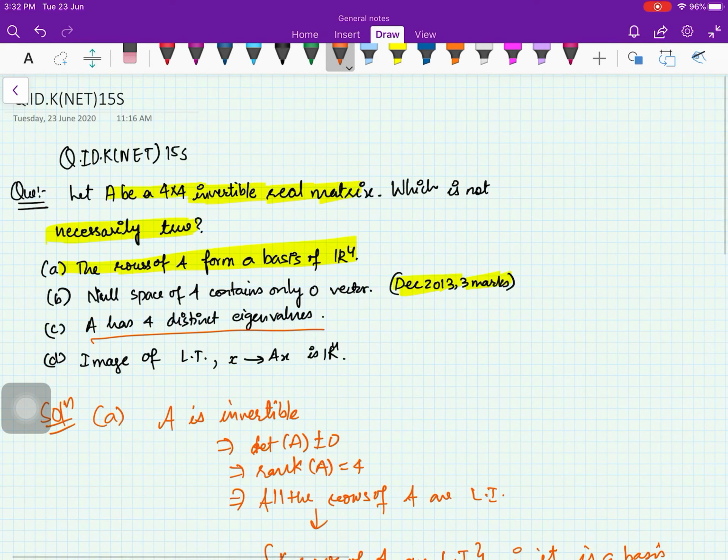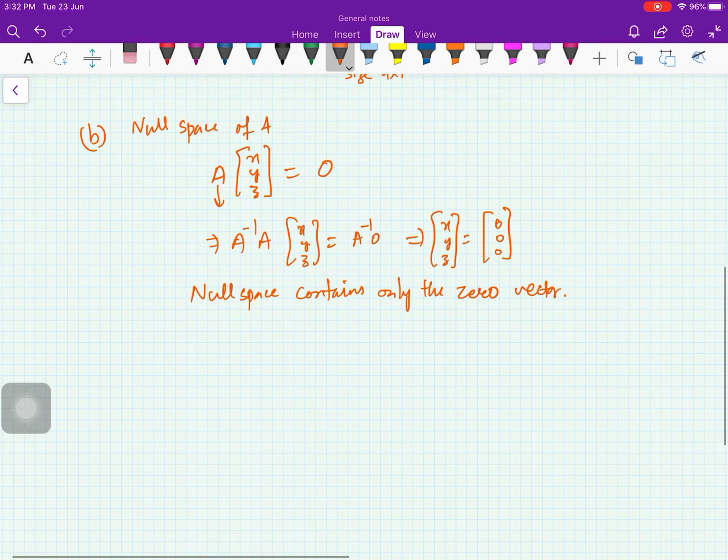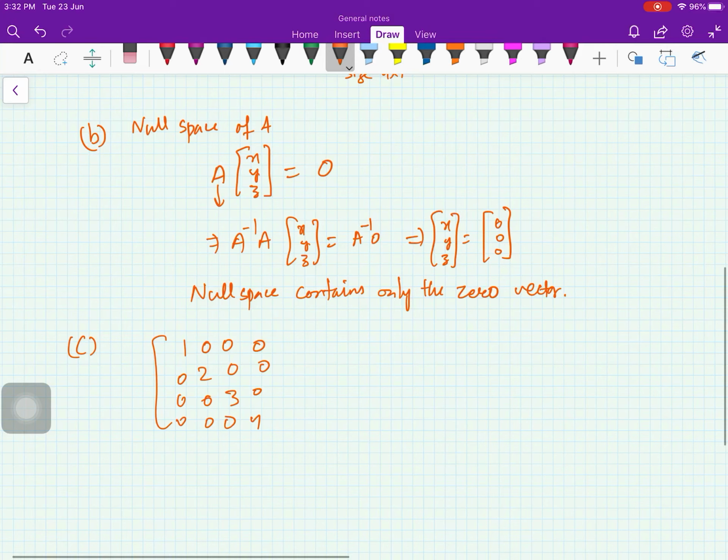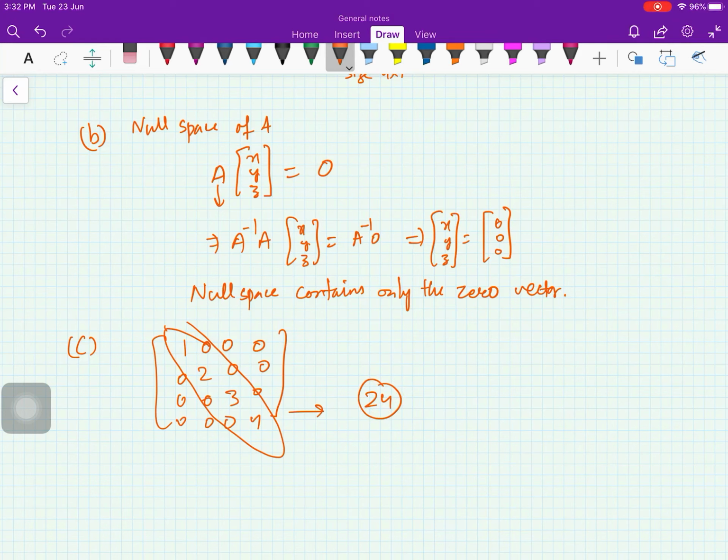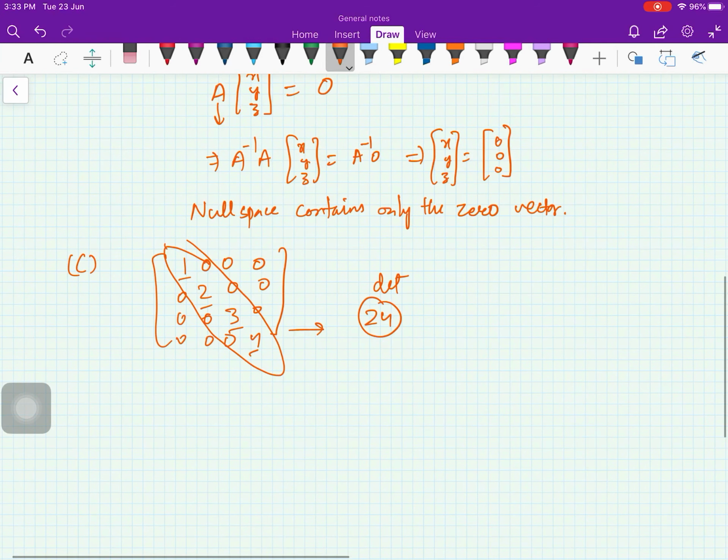Third, A has 4 distinct eigenvalues. Now you should know it is not true, because look at this matrix: 1, 2, 3, 4 on the diagonal and 0 everywhere else. What is the determinant of this matrix? It is an invertible matrix, right? The determinant is 24, and all the eigenvalues are distinct. But you can have something like this, where you have 2 twice. That also has a non-zero determinant, which is 16. But all the eigenvalues are not distinct because it is a diagonal matrix.